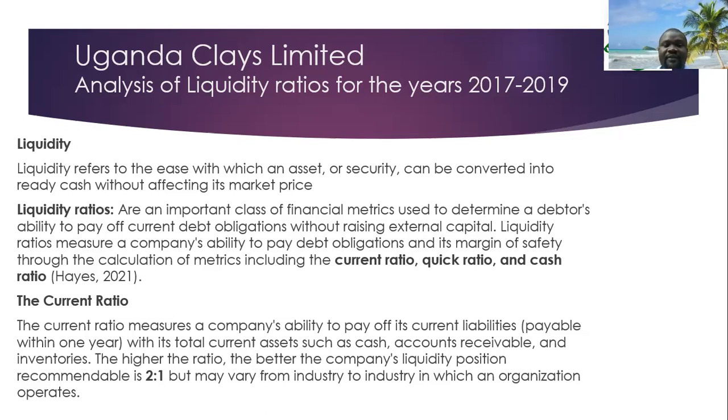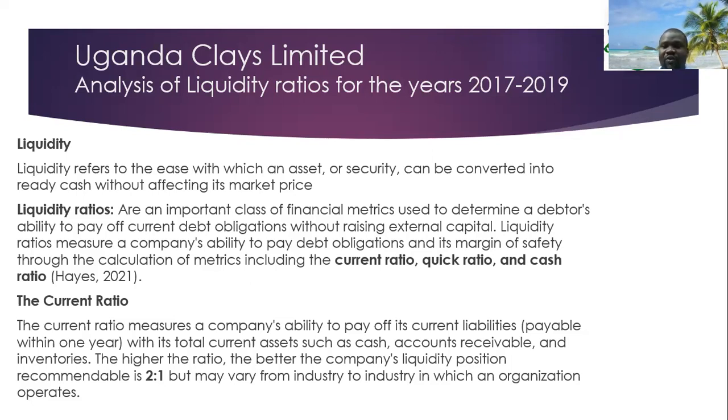Liquidity ratio measures a company's ability to pay off the debt obligations and its margin of safety through the calculation of metrics, including the cash ratio, quick ratio, and current ratio. The current ratio measures the company's ability to pay off its current liabilities that are payable within a year.